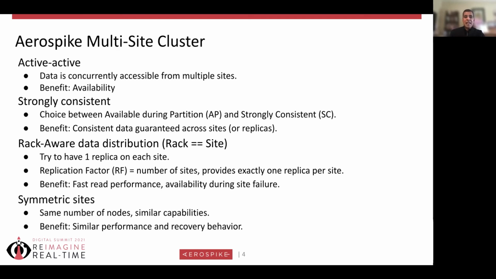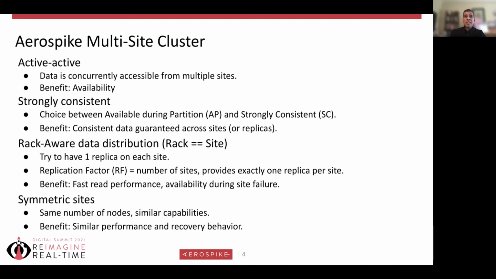Also implied is the cluster is configured in strongly consistent configuration. So Aerospike allows both AP mode and SC mode. AP stands for available during partition. When the cluster partitions, it values availability more than consistency, whereas the strong consistent mode is exactly the reverse.